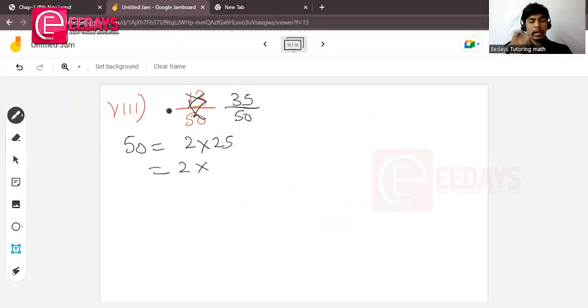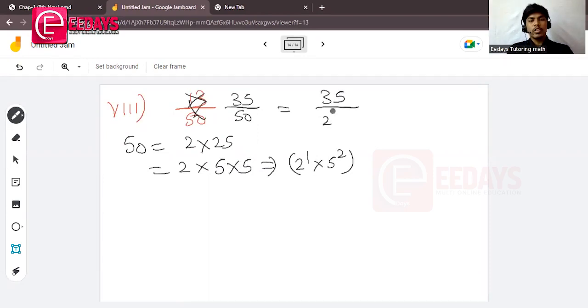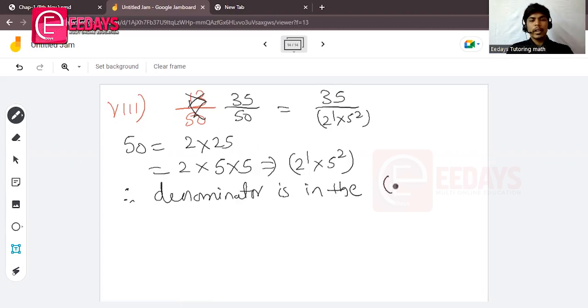Ignore the numerator, since we are dealing only with the denominator. 50 is 2 into 5 square, so we get 35 by 2 power 1 into 5 square. The denominator is in the form of 2 power n into 5 power m. That's why it is a terminating decimal.